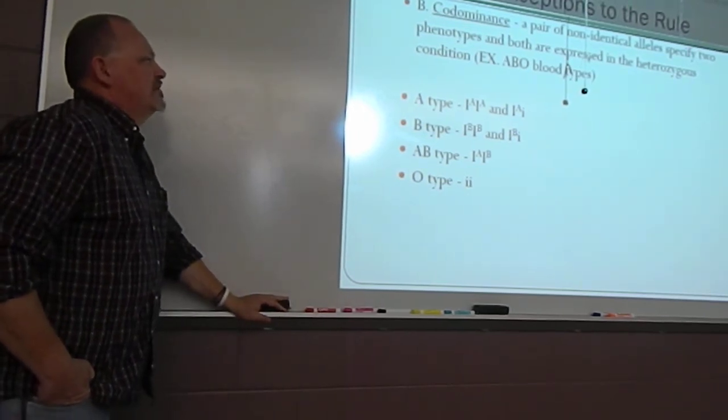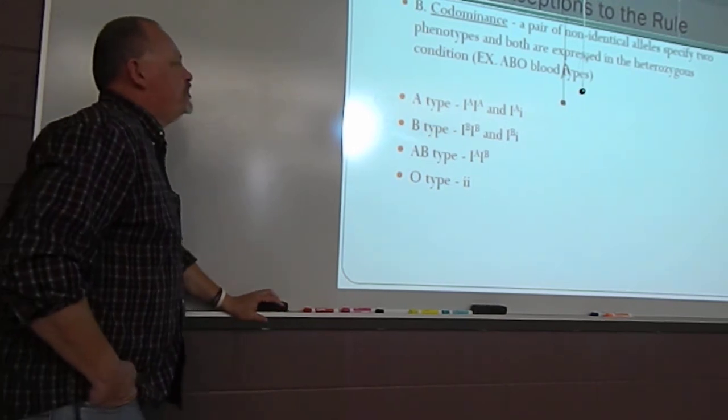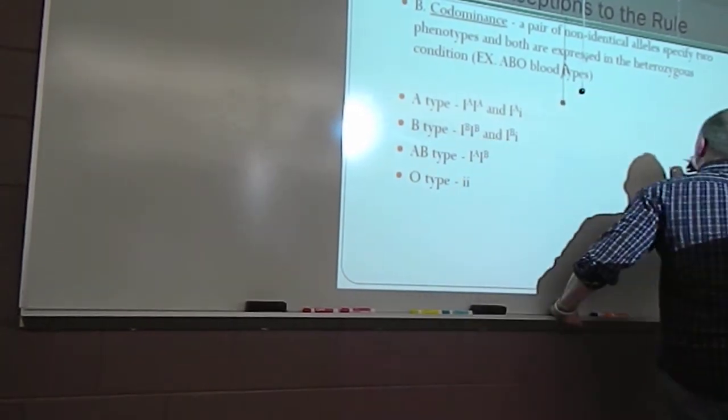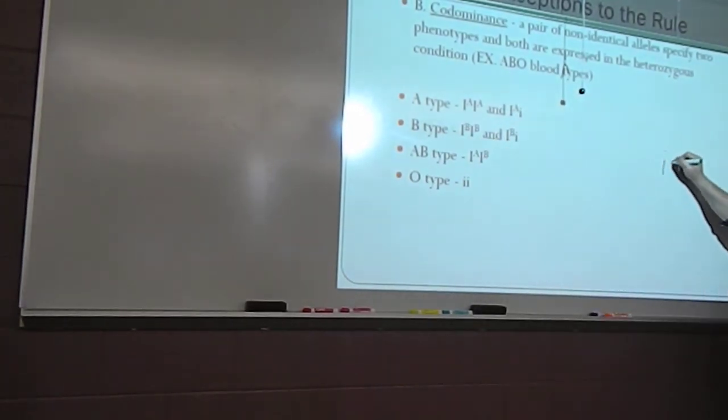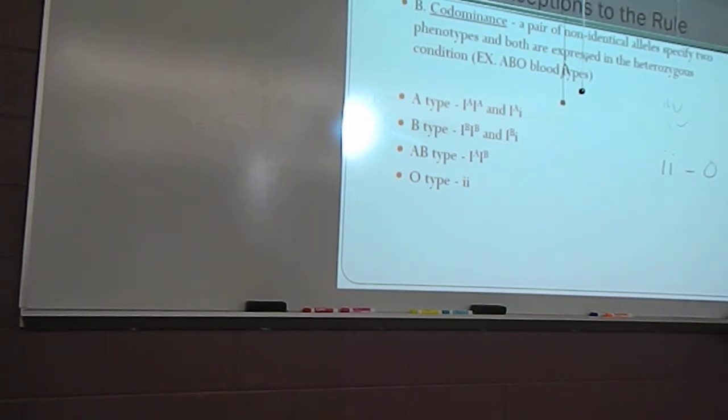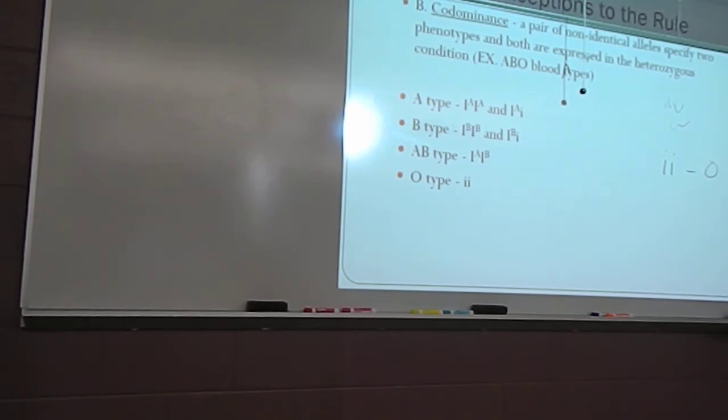All right, so in this example, you could either be O, little i, or something else. Something else is up here. So remember there's two, we're actually talking about two genes.